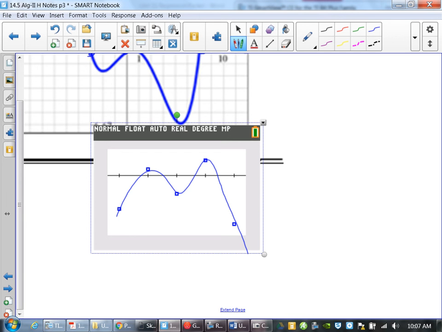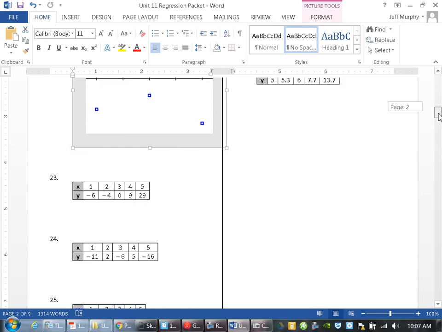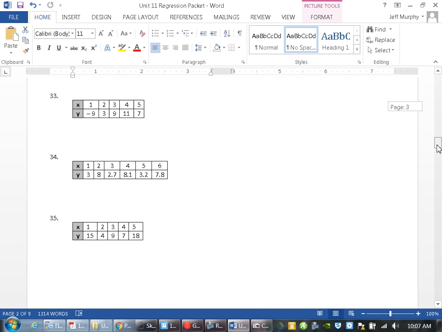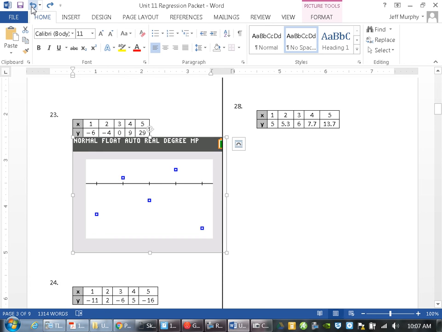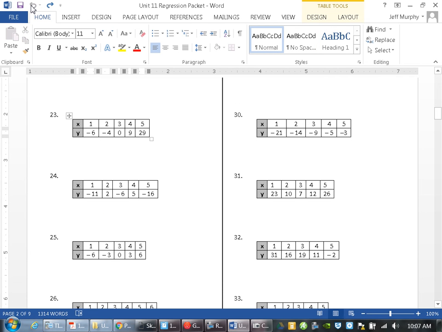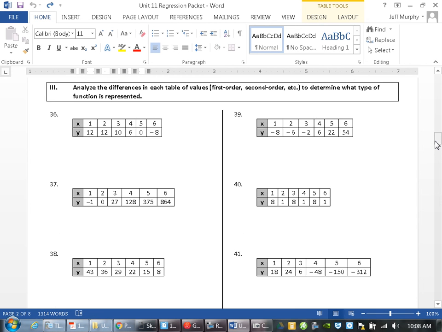We're doing number 37. I was so confused, I'm just struggling with linear, cubic, quadratic, exponential, power, logarithm and sinusoid. It looks like it wants to be exponential, I bet.